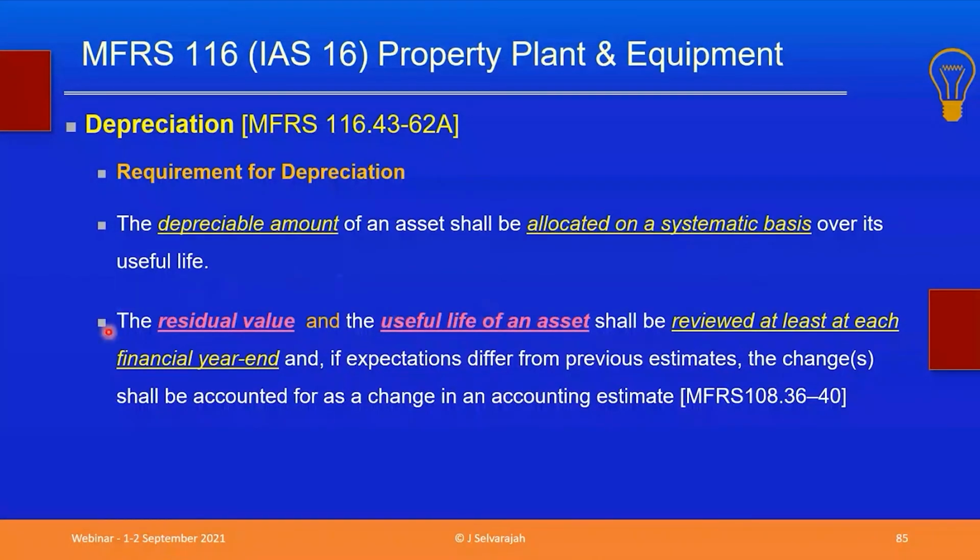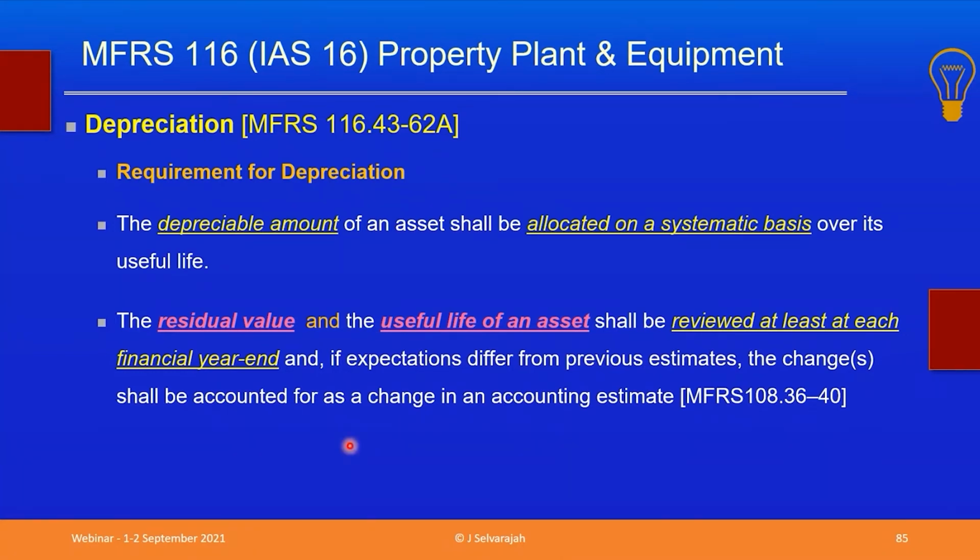Now, the residual value, that means the leftover value after the depreciation, and the useful life, must be reviewed at least at each financial year end. Now, you see, paragraphs 36 to 40 are very clear, that the management must review it at each financial year. It never even gives you a leeway of every 2 years.